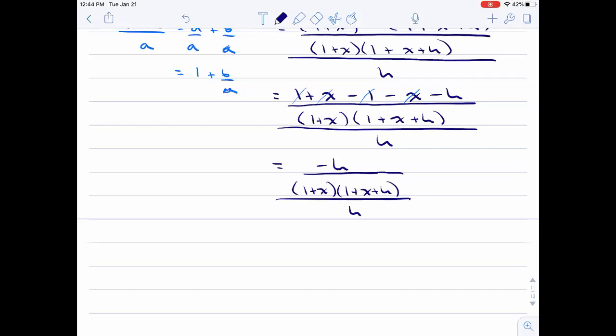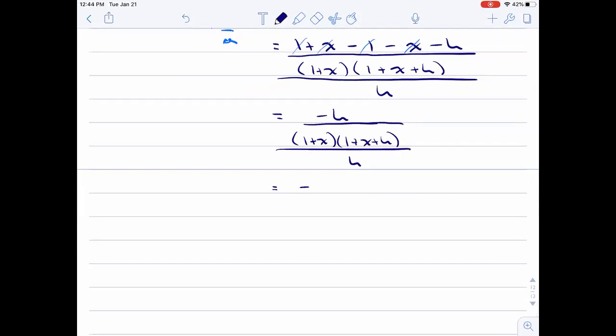Thinking of that all over h as all over h over 1, now we've got a fraction over a fraction again. And so that's going to look like negative h over 1 plus x times 1 plus x plus h times, h over 1? Nope. Haha. 1 over h. I guess I should do it in the light blue that I have been using when I change things, because it was h over 1 and then I flipped it and multiplied it.